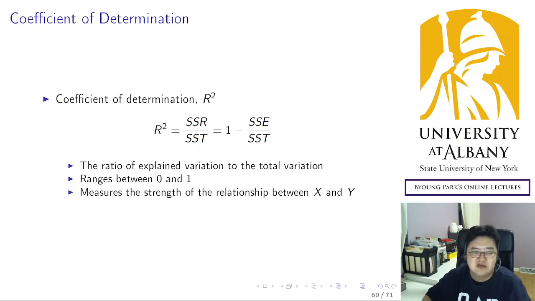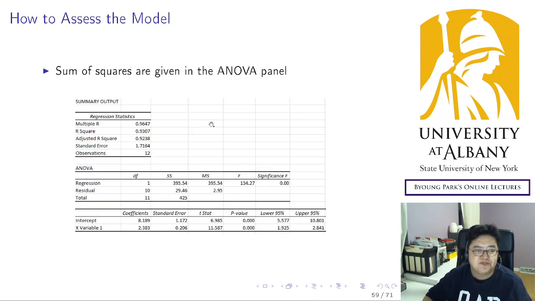R square is like 90%, for example. So in our analysis, R square is given here, 0.9307, which means 93.07%.